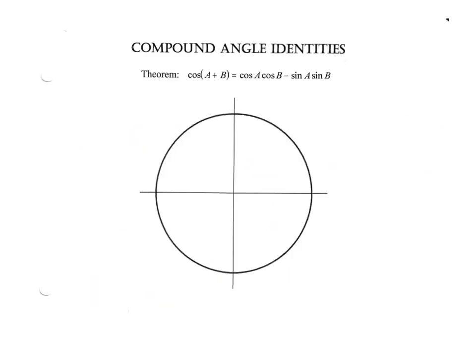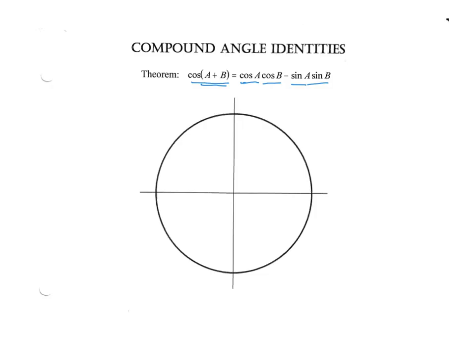So our last identity that we normally do a really big proof for is our compound angle identities. So compound angle, you'll notice in our angle here, we have the addition of 2 angles. Again, you'll notice that we have cos of our first. So how I think about this is cos of our first angle, cos of our second angle, minus sine of our first angle times sine of our second angle.